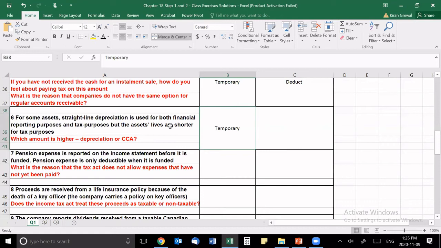So if asset lives are shorter, for example, if you have $1,000 as your asset, and we were to do this example where you're depreciating over 10 years, it's going to be 100. But if you're depreciating over 5 years instead, so your asset life is shorter, then it's going to be 200. So same example as above, 100 for depreciation, 200 for CCA. So in the end, you're deducting $100 more. So you're adding back the 100 for depreciation, and you're deducting the 200 for CCA.